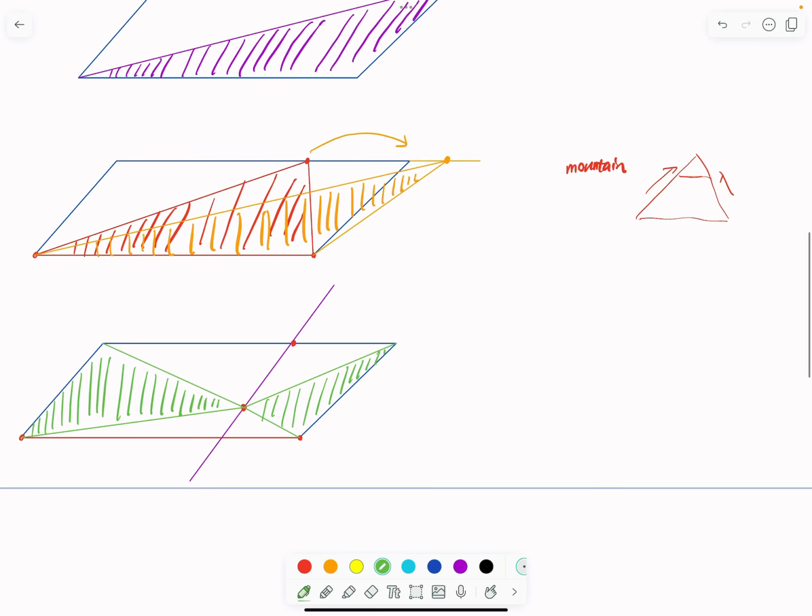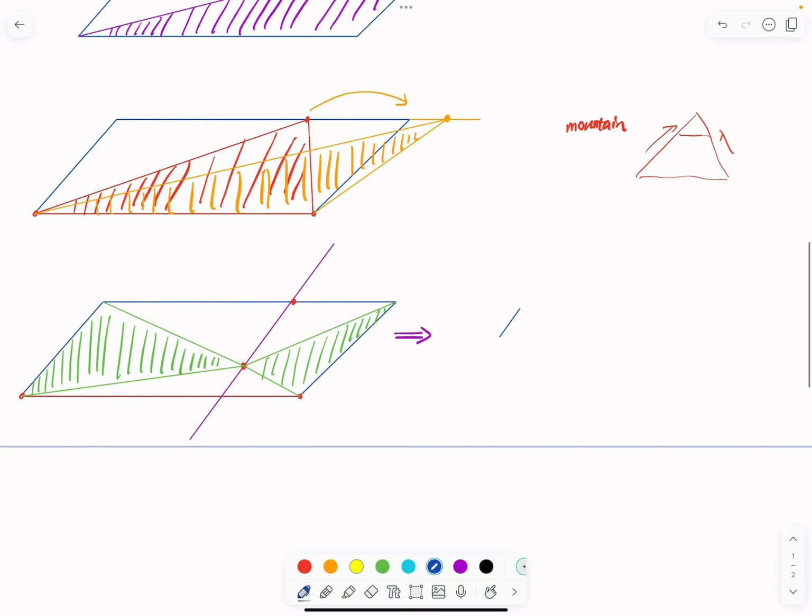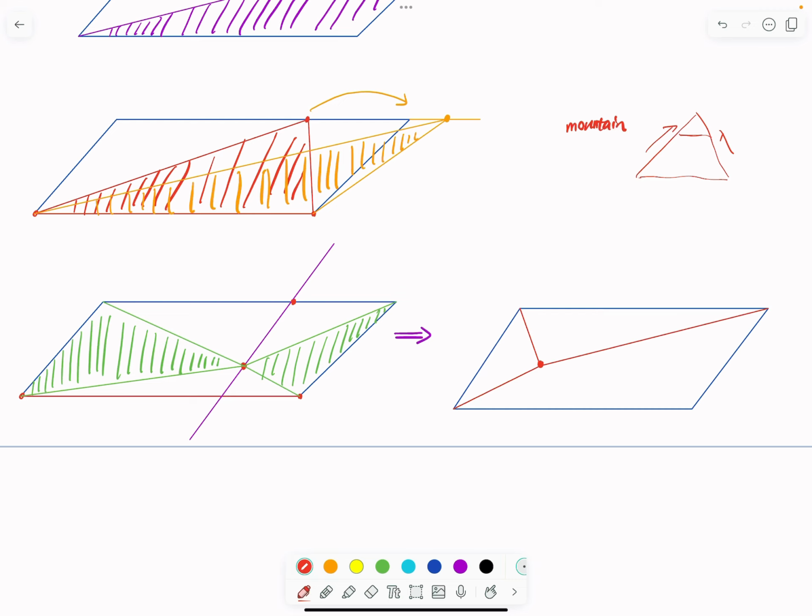So actually, we have another conclusion: inside any parallelogram, if I randomly draw a parallelogram and randomly choose one point inside it, and then connect to the four vertices, like here, you can see the sum of these two green triangles' areas is the same as the sum of the red parts' area. It also equals half.